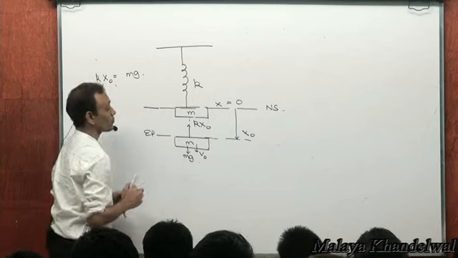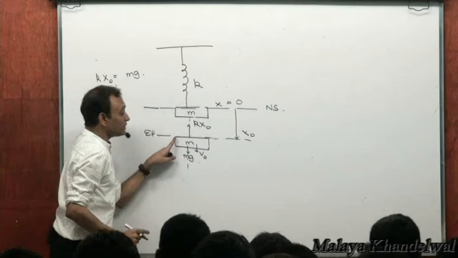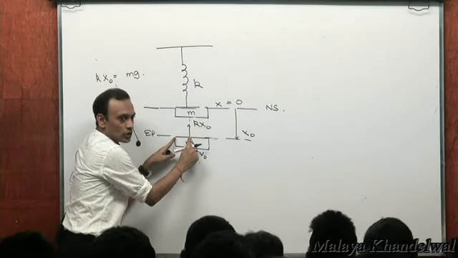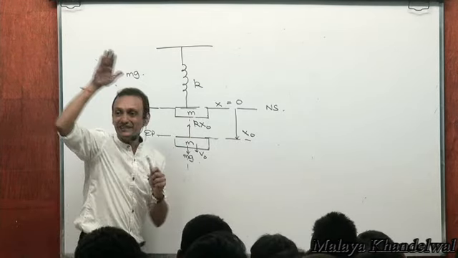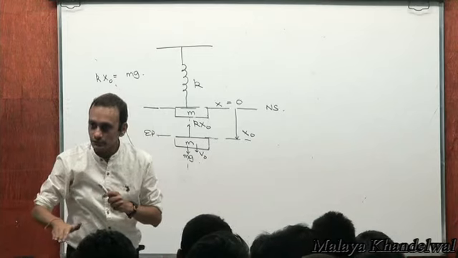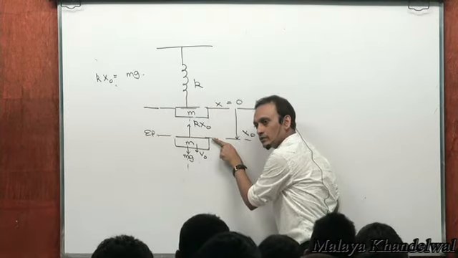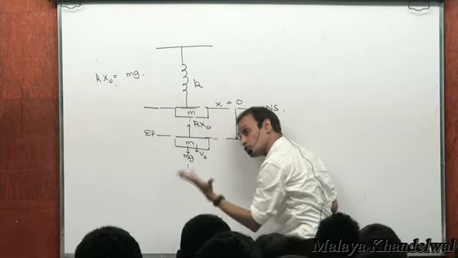Now, it will go down from x equal to 0 to x equal to x naught. Mg was bigger than spring force, so the particle accelerated, right? From this state to this state, spring force was only beginning to grow, whereas mg was the same.